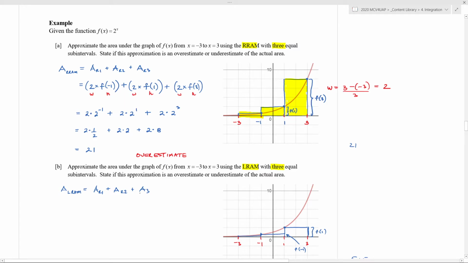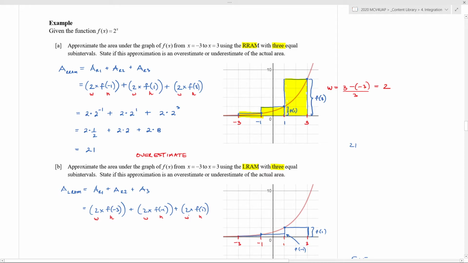That's equal to 2 times f at -3 plus 2 times f at -1 plus 2 times f at 1. Again, the 2 is the width of each rectangle, and this is the height of each rectangle: f at -3, f at -1, f at 1.